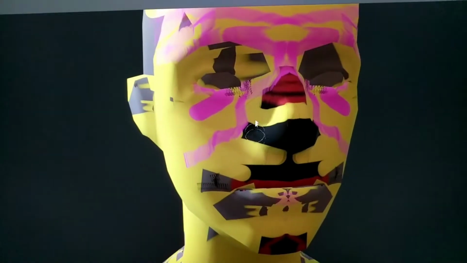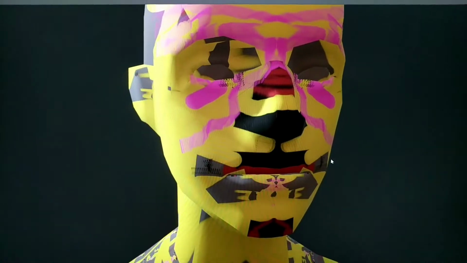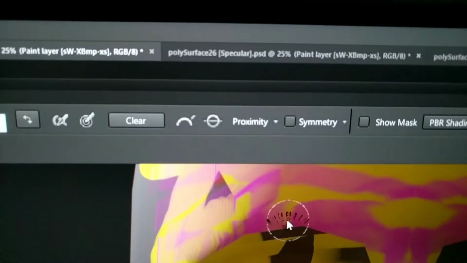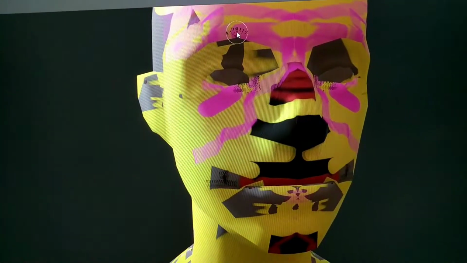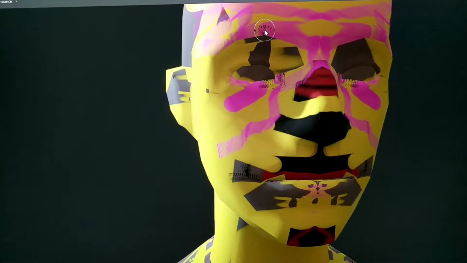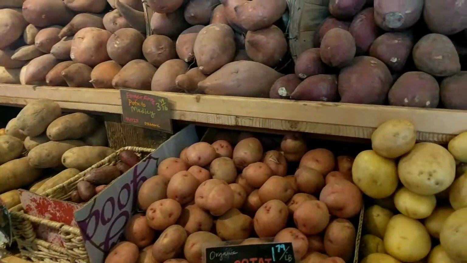Oh, here it goes. Quixel's not painting on every surface of the model for a reason I don't totally understand. And also, even though symmetry is turned off, it still paints symmetrically on both sides. So, I don't understand.